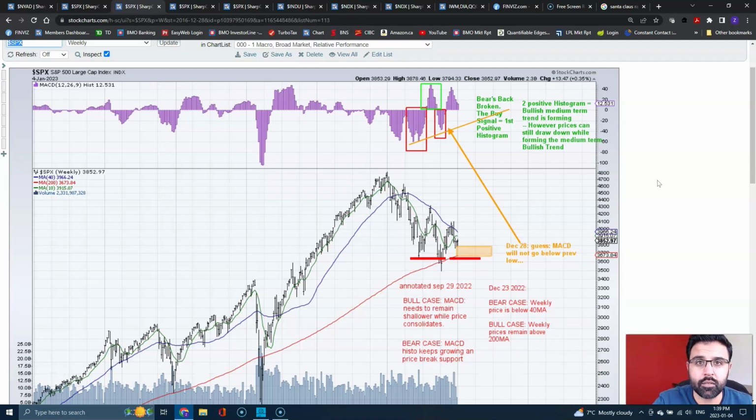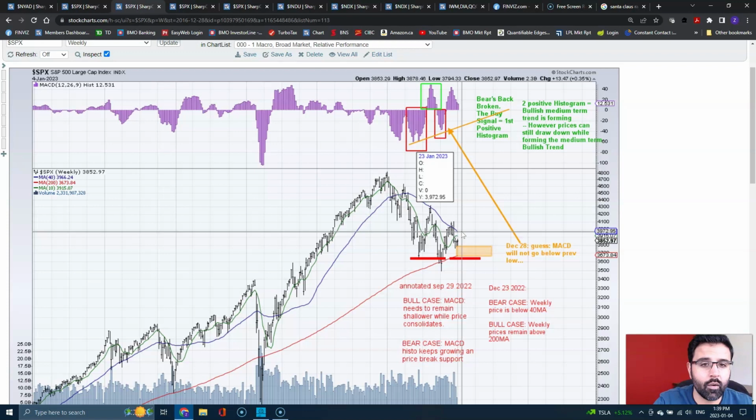First is price. We know that it's in a downtrend here, clear downtrend. Another important fact to look at is that price is below its 40-week moving average. That's an intermediate line, a moving average, to know whether in the medium term, intermediate, whether these stocks are trending in any one direction.